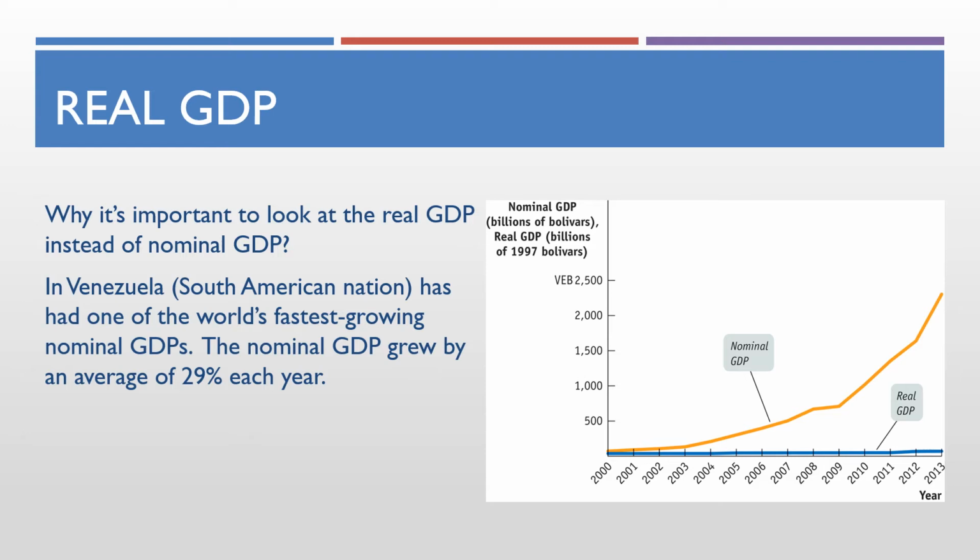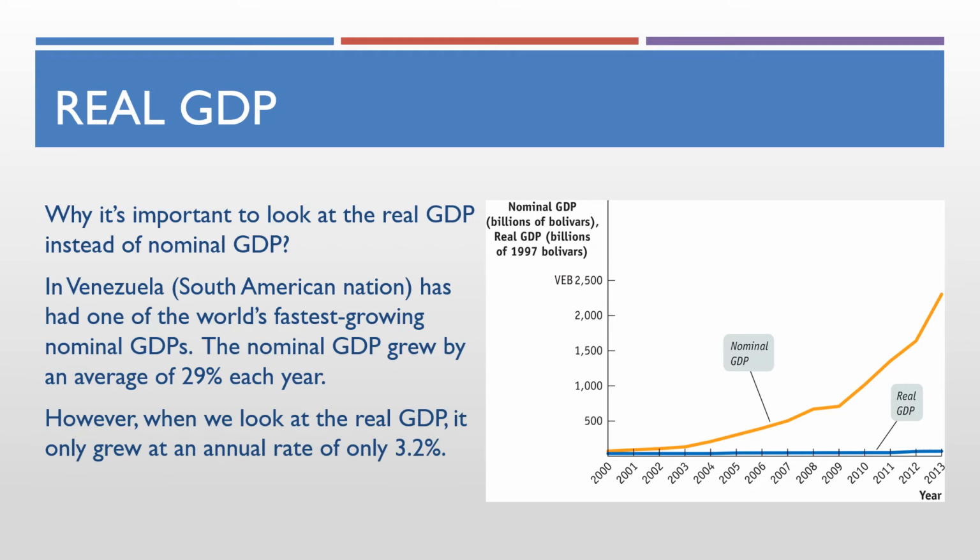What actually happened in Venezuela, based on this graph, is that we don't see successful growth of real GDP during this period, but instead the country had a really high inflation rate across the period from 2000 to 2013.